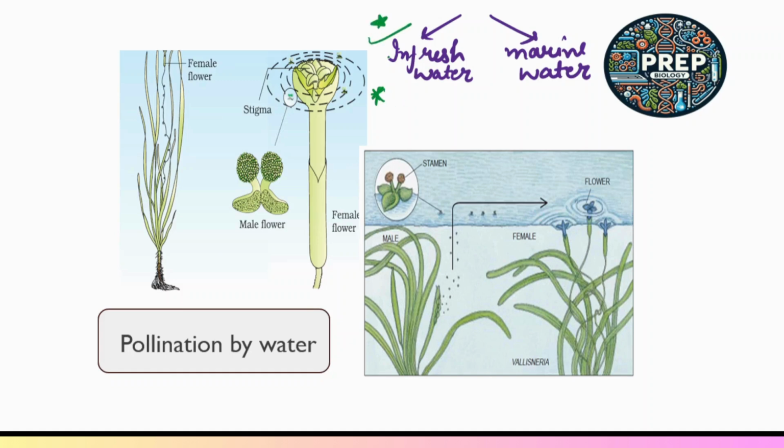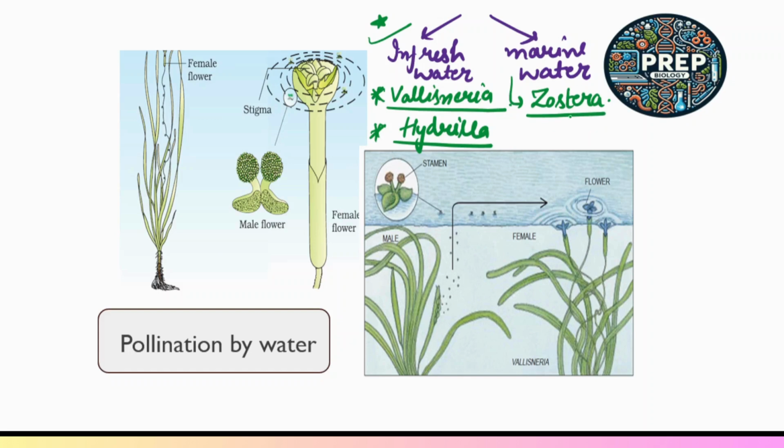In fresh water there are Vallisneria, which is an aquatic plant, and Hydrilla. These are two aquatic plants present in fresh water and they pollinate with the help of water. In marine water there is an example, the aquatic plant Zostera, which is also called sea grass.